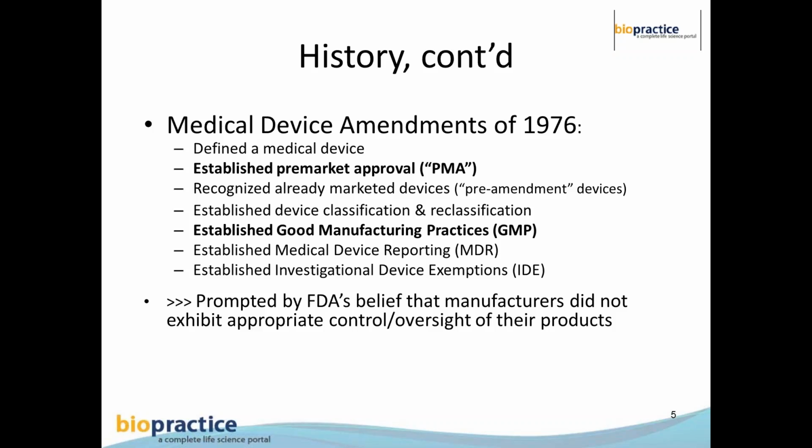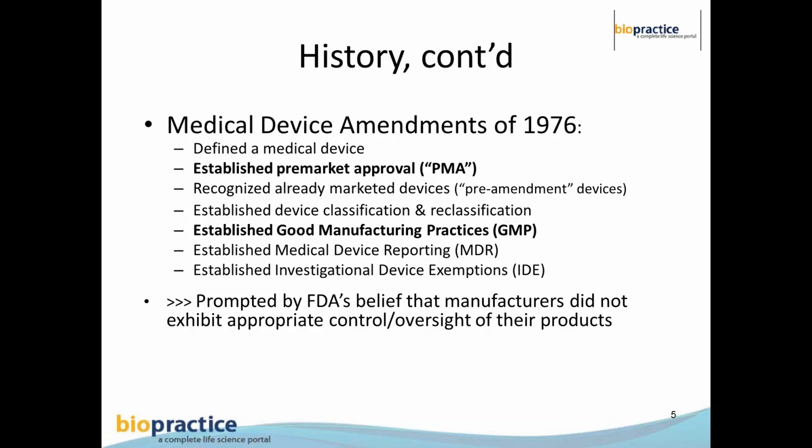And FDA believed that medical device manufacturers were not exercising the appropriate control or oversight of their products on their own. So FDA stepped in and started asking for oversight over medical devices, and that's where the Medical Device Amendments of 1976 came from.